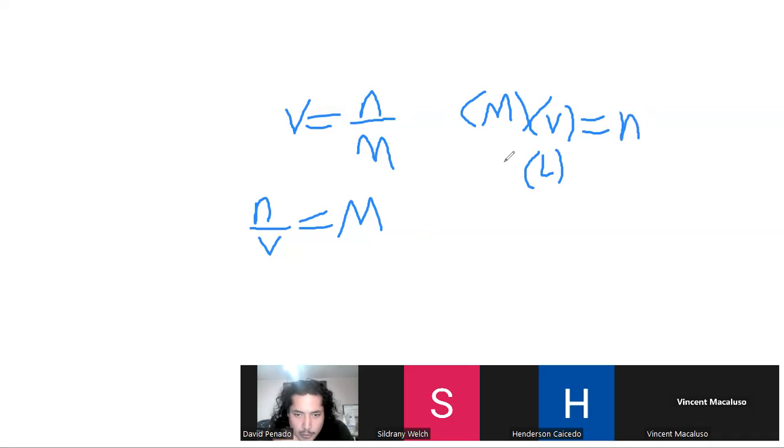So those are the three molarity formulas: volume equals N over M, N over V equals M, and M times V or M times L equals N.